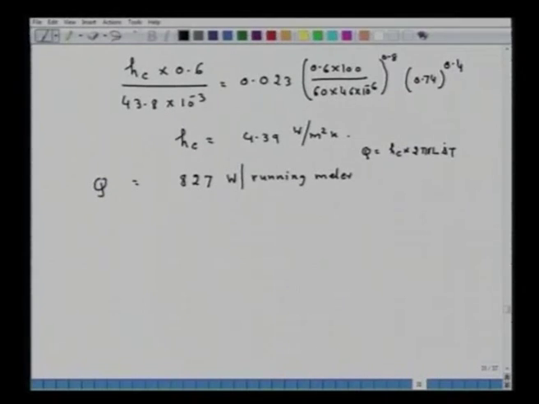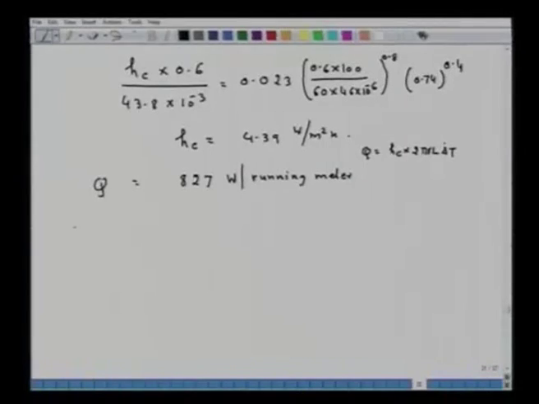Now, next we have to find out what is the drop in air temperature per 30 running meter, because the drop in temperature is important. Suppose you are integrating the flow of air with some furnace which is using preheated air, then it is important for you to know what is the drop in temperature. So, in fact, this heat loss which is 827 watt per meter is the sensible heat lost by air, is it not?